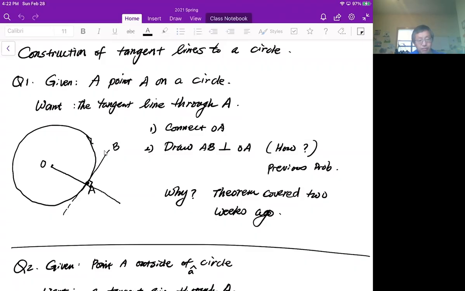The basic idea is that we need to use the theorem that we introduced earlier: a line is tangent to a circle if and only if OA and AB are perpendicular. So basically, I just need to draw a perpendicular line to the radius from the point A, and then you can do that.